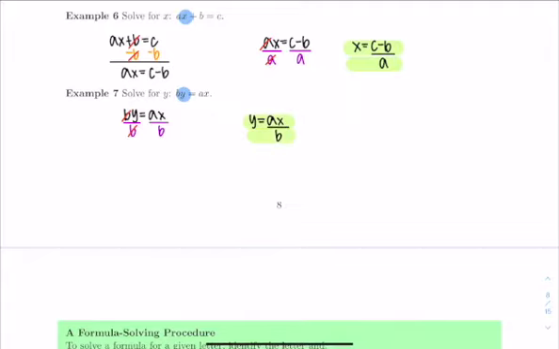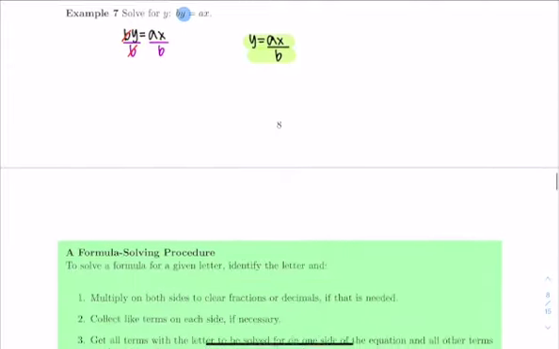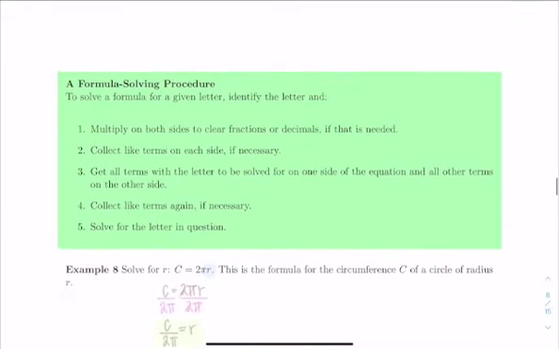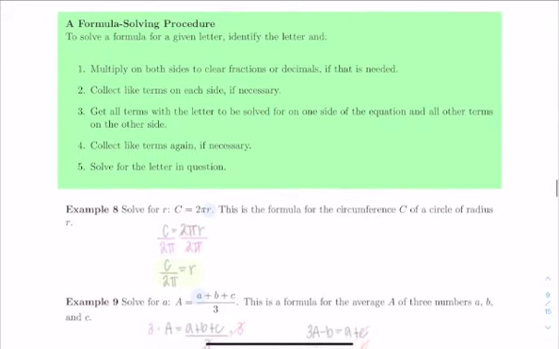And so all we were doing is manipulating the formula for a different variable. So a formula solving procedure: to solve a formula for a given letter, you identify the letter and multiply on both sides to clear fractions or decimals if it's needed. You'll collect like terms on each side if necessary. You'll get all the terms with the letter to be solved for on one side and everything else on the other. You'll collect like terms again if necessary and then solve for the letter in question.